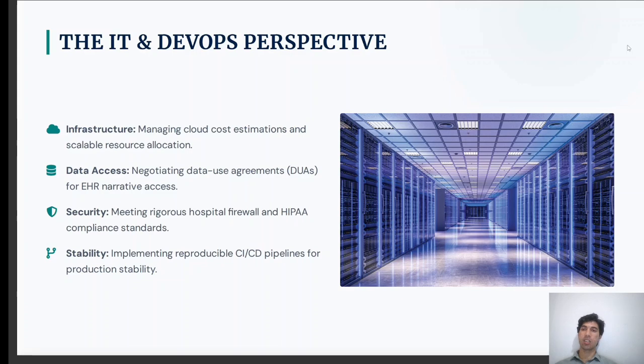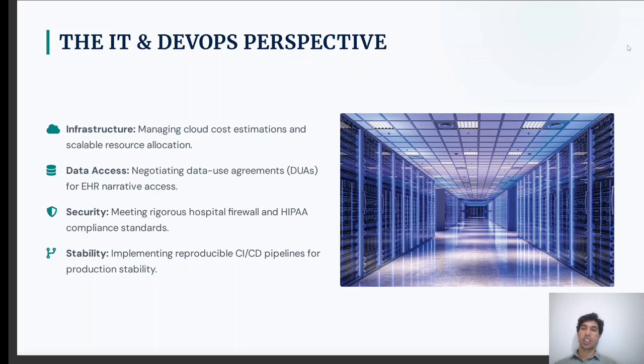The secondary stakeholders are the IT and DevOps staff. Their requirements are around infrastructure: managing cloud cost estimation and scalable resource allocation, and managing data access, which includes negotiating data usage agreements or business associate agreements for EHR narrative access.